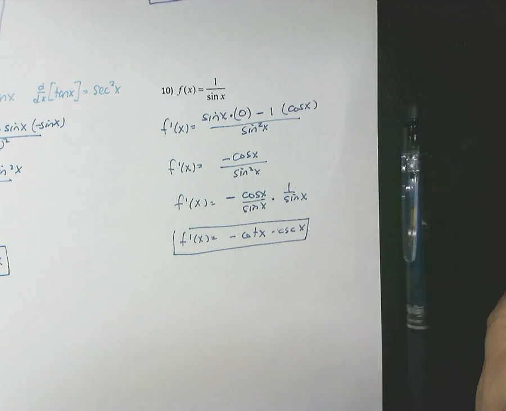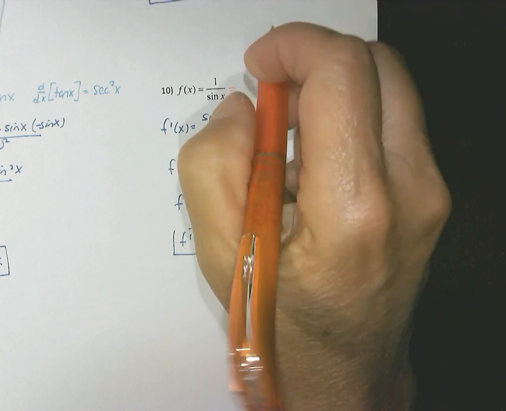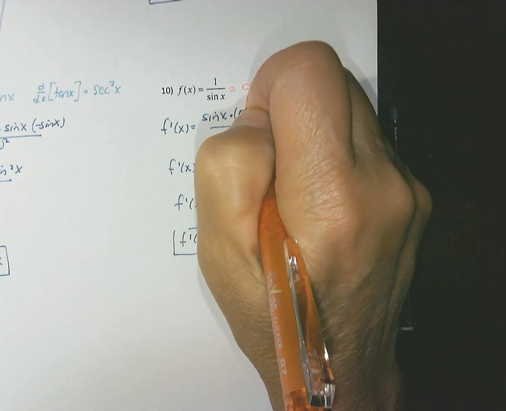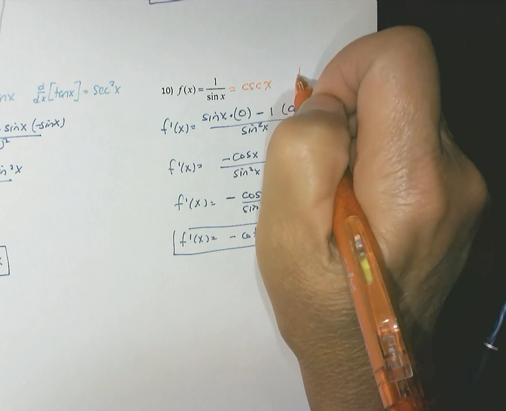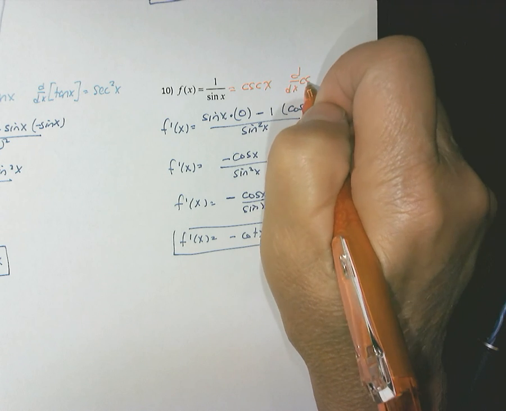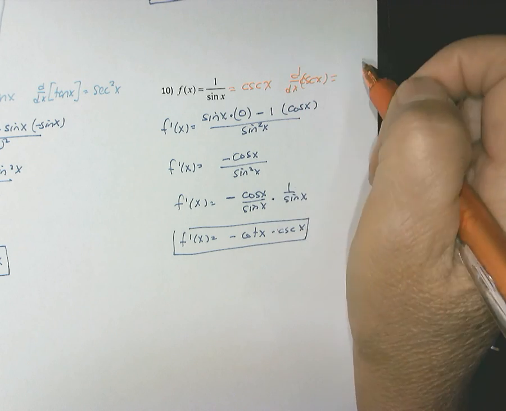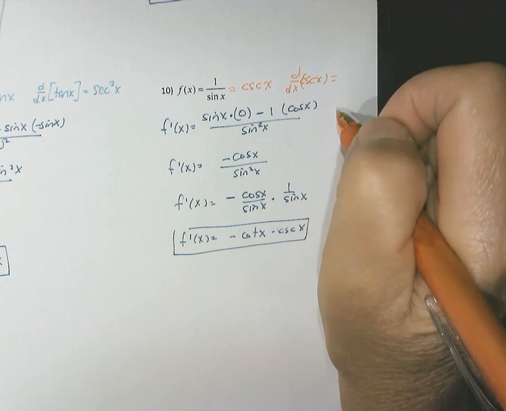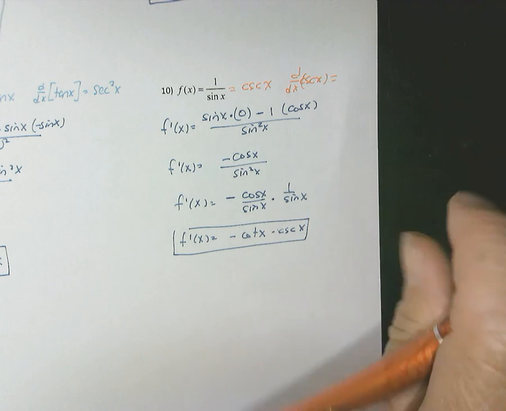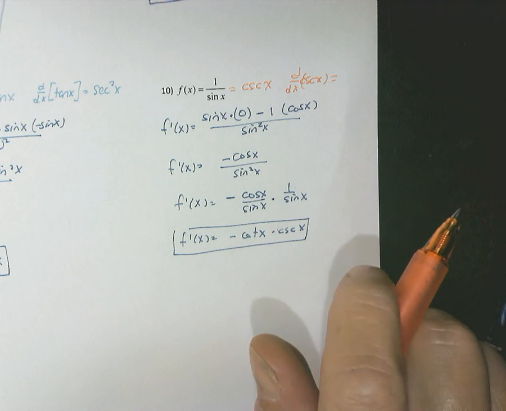Going back up to the top, 1 over sine x equals cosecant x. The derivative of the cosecant of x is equal to negative cotangent x, negative cosecant x times cosecant x.